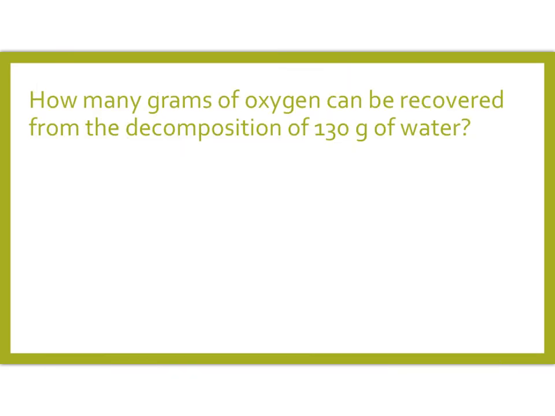This percent composition can be applied to any sample that you have. And so this question here says, how many grams of oxygen can be recovered from the decomposition of 130 grams of water? So water has a formula H2O. And so I can apply the percent composition that I found earlier to this actual specific sample to tell me how many grams of that sample that I have come from oxygen.